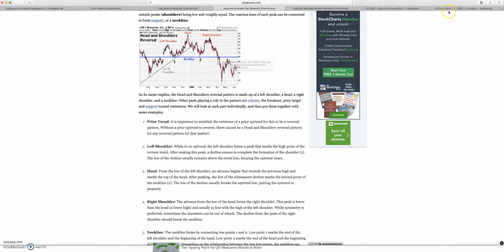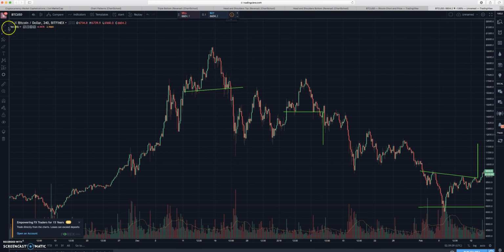And the way I like to use this is, the distance from the neckline to the top of the head here is a pretty good indicator of how far this thing might fall off. You can take that line and get an idea, and it's actually pretty darn close.